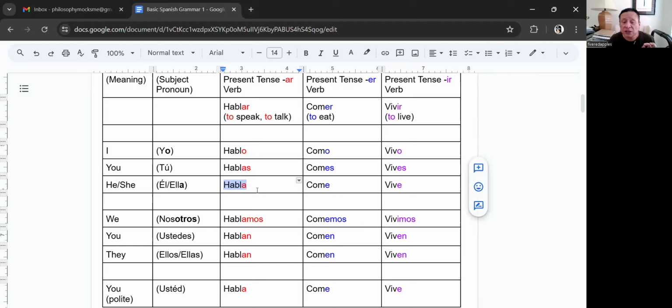And when context doesn't make it clear, and context usually does make it clear, you probably won't hear ella habla or él habla. But if there's a little bit of questioning, then we'll throw in the pronoun. Oh, ella habla español, right? We might throw it in, but a lot of times you still won't.